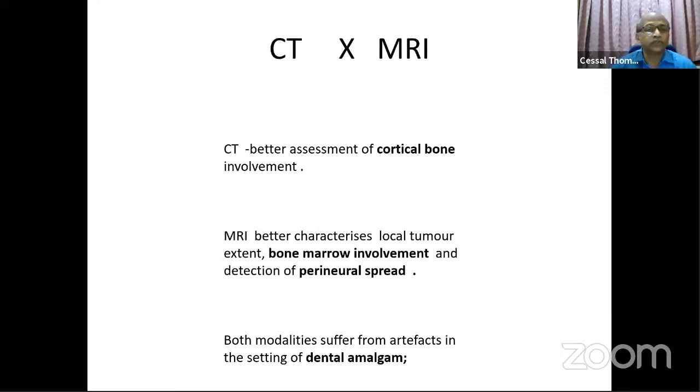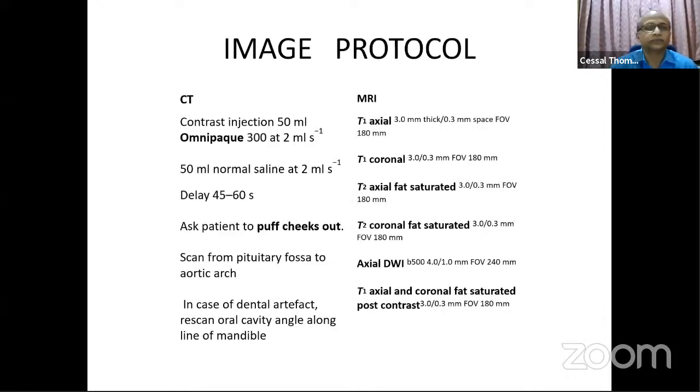One is to know the bone marrow involvement. Second is perineural spread. But if dental amalgam is there, dental artifacts can happen in both investigations. So that's one of the drawbacks. In CT, you are giving contrast.